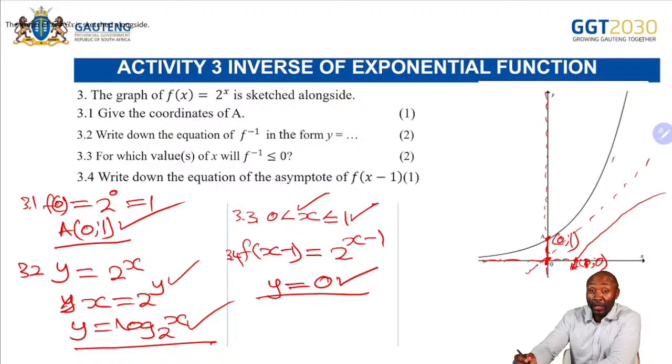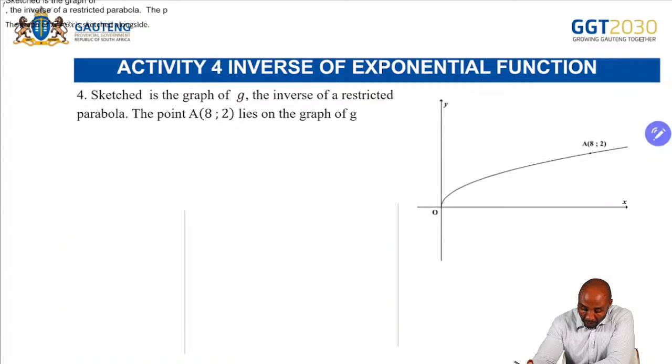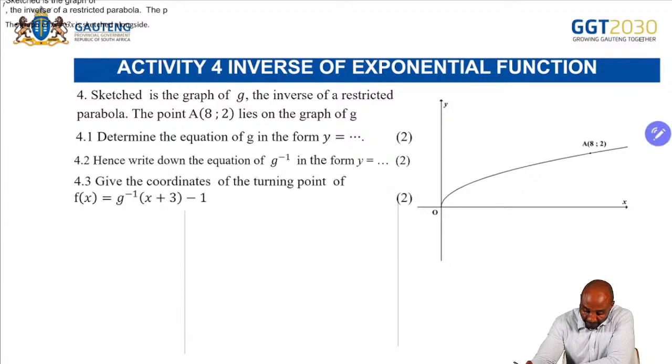This becomes the equation of our asymptote, because 2 to the power x minus 1 does not affect our horizontal asymptote. We move on to the next one. Activity 4. I will give you 4 minutes to do activity 4.